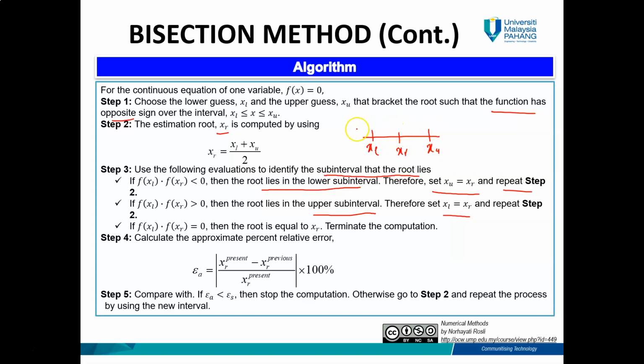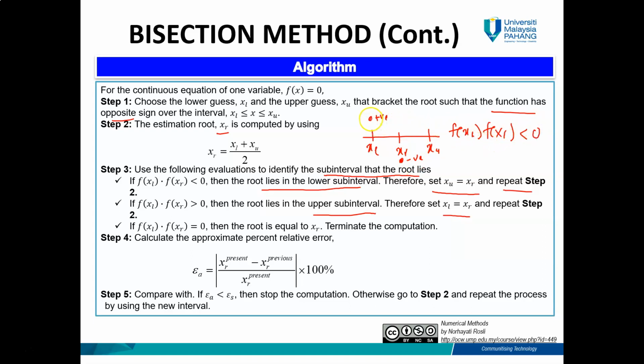We know that if f(xl) is positive, and f(xl) times f(xr) is less than 0, then f(xr) should be negative. Because one is positive and one is negative, when you multiply both, f(xl) times f(xr) will be less than 0.